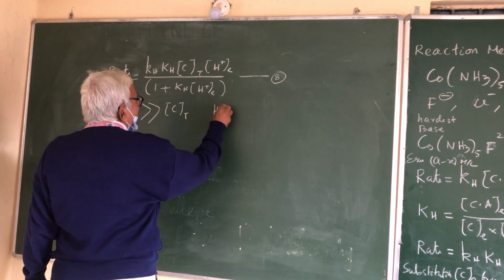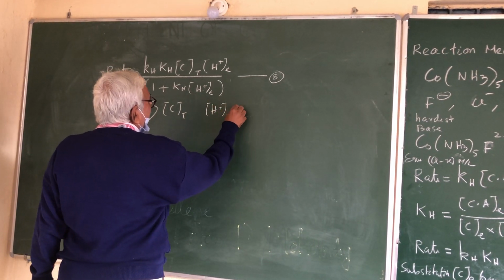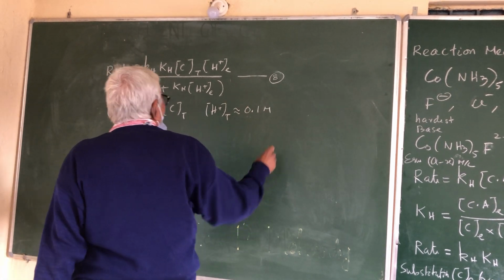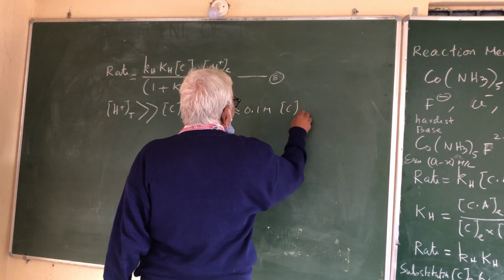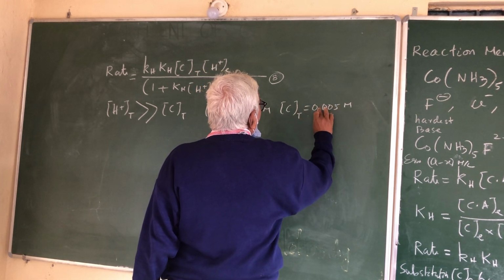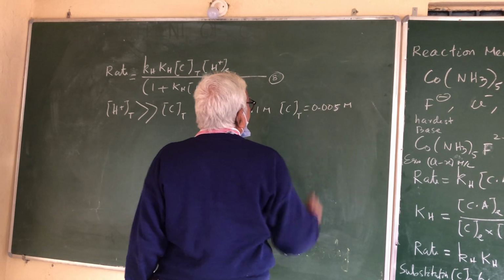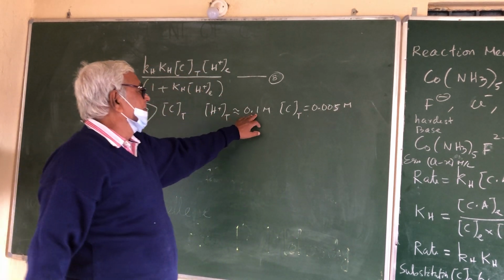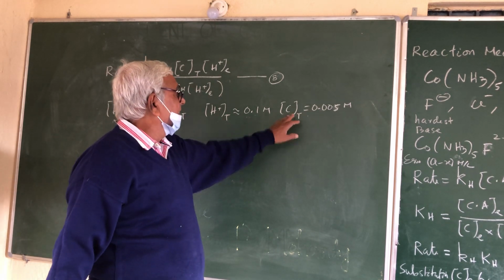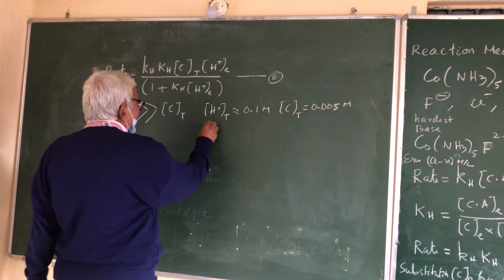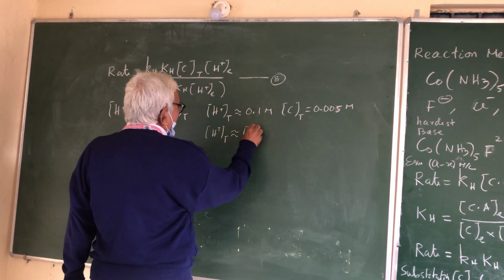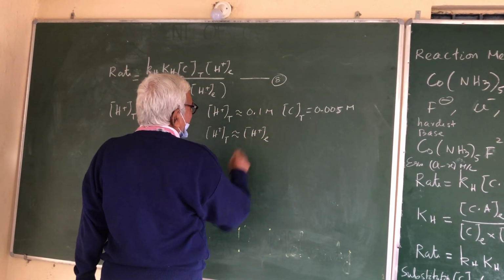Generally hydrogen ion total may be of the order of 0.1 molar and complex total of the order of 0.005 molar. This is much greater than this. Therefore, hydrogen ion total will be approximately equal to hydrogen ion equilibrium.